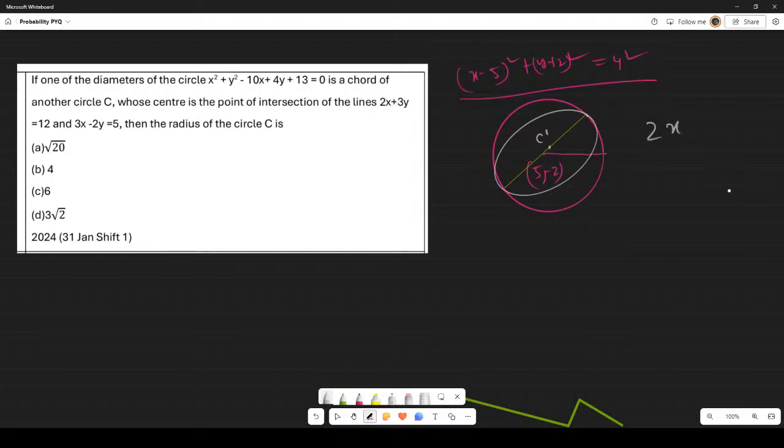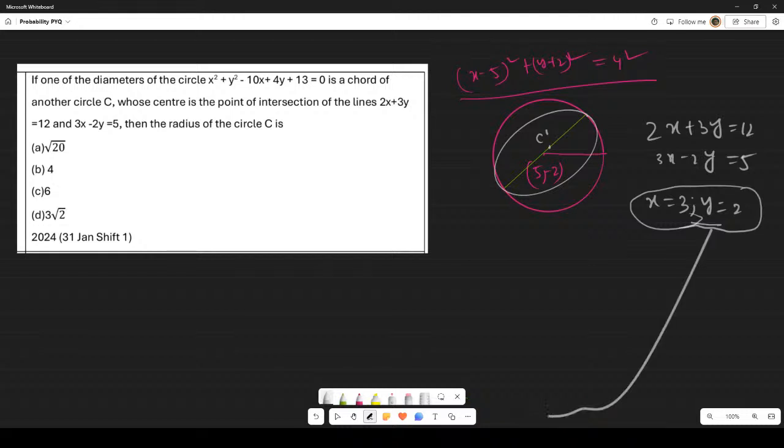Just by solving. x minus 2y equal to 5. Solve. x is 3 and y is 2.